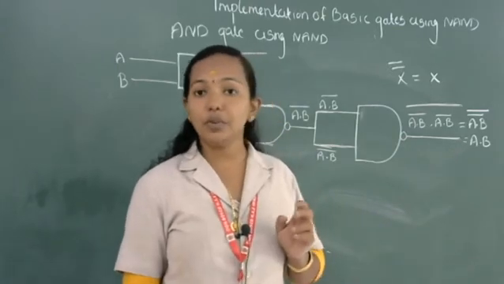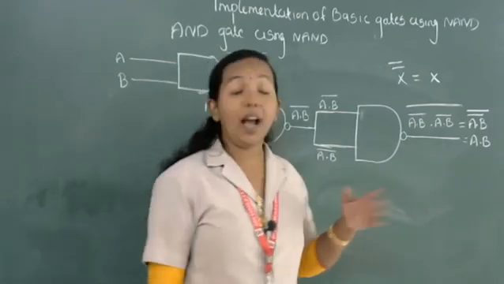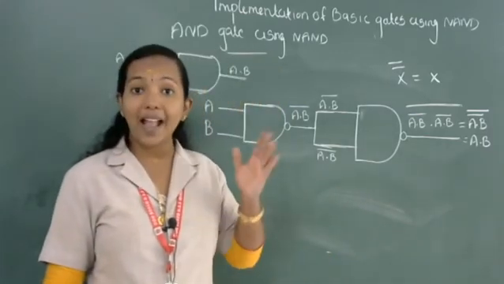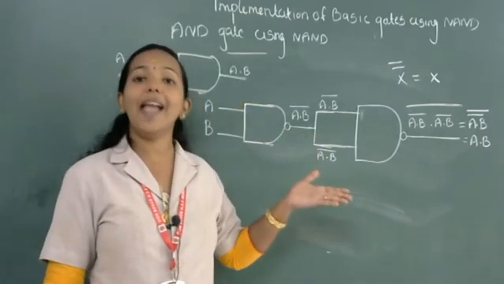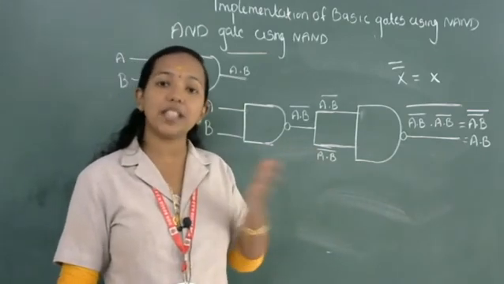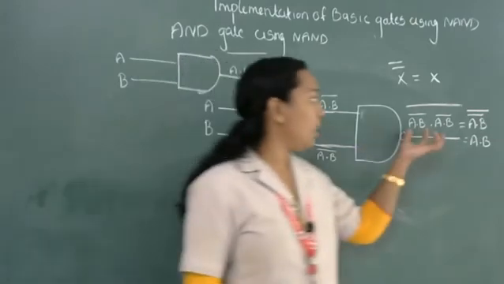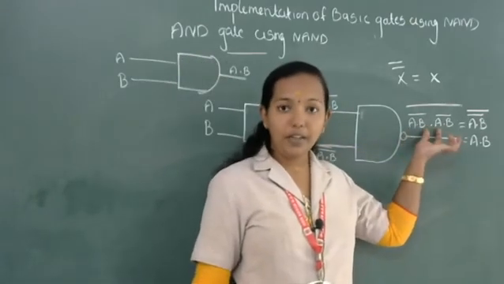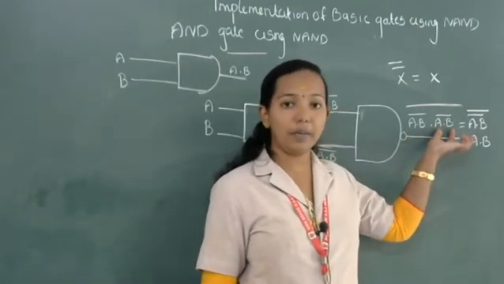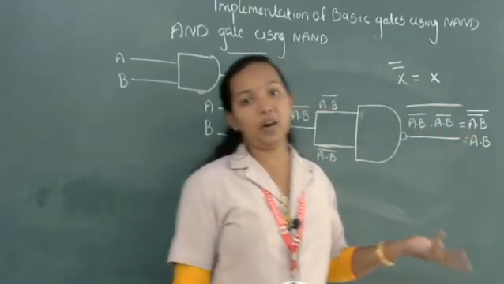Then according to idempotence law, X dot X is equal to X itself. That means if two inputs are the same, we get the same value. So A dot B all complement dot A dot B all complement is equal to A dot B complement itself.